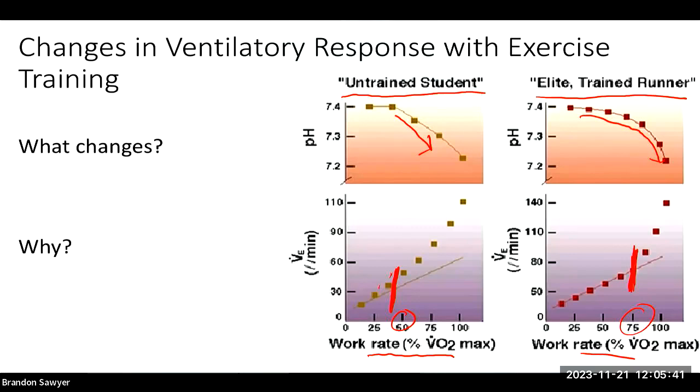And then how's this related to pH? They're pretty much right next to each other, right? We see the drop in pH really taking effect around the same time that the increase in ventilation happens, right? First of all, we can say VT, the ventilatory threshold, goes up with training.